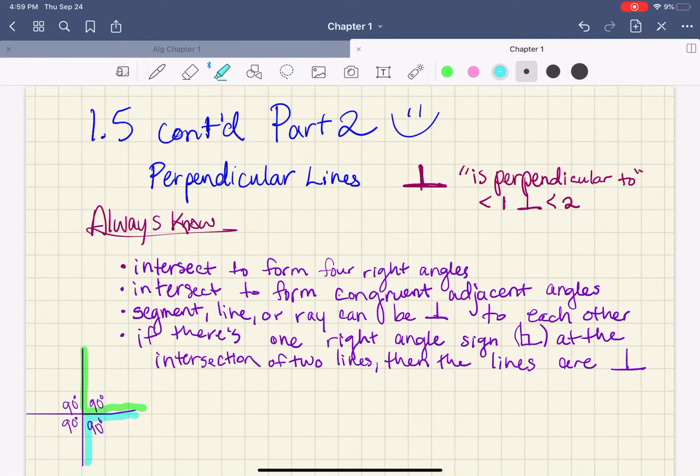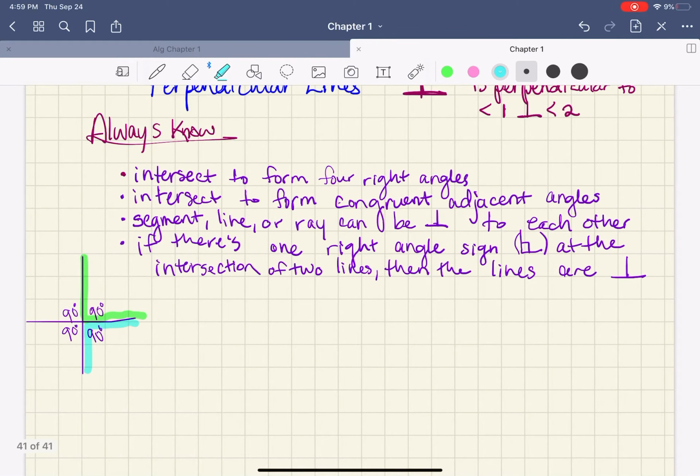And then finally, they say if there's one right angle sign at the intersection of two lines, then the lines are perpendicular.